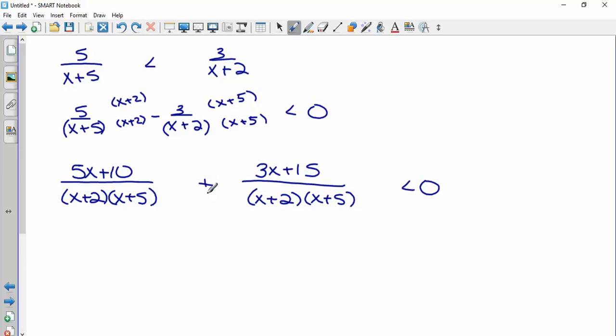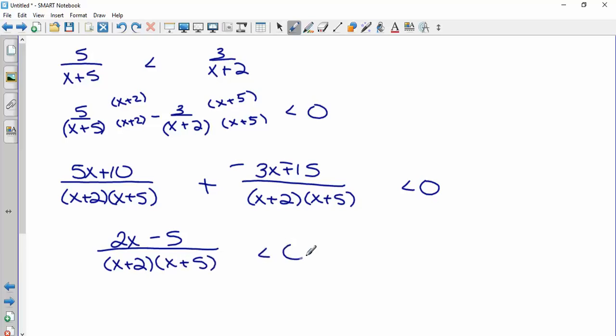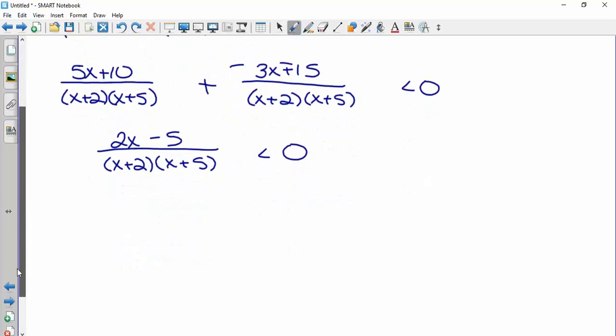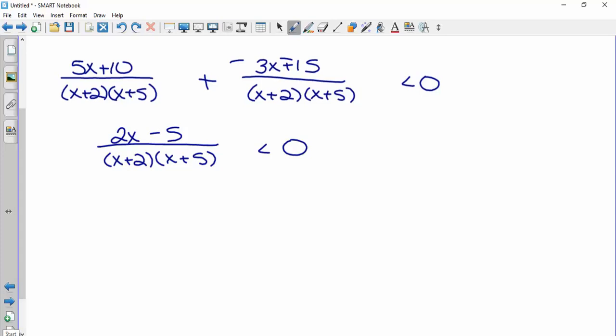Okay, if we distribute the negative, 5x minus 3x is 2x, 10 minus 15 is negative 5. Now what?